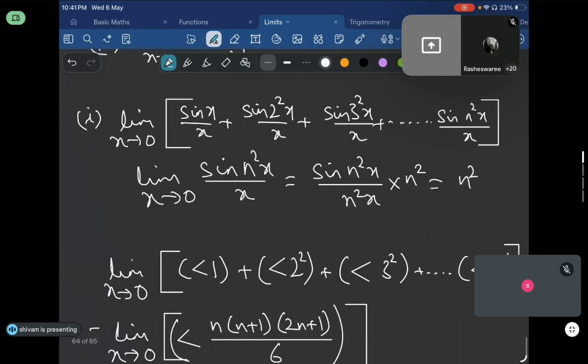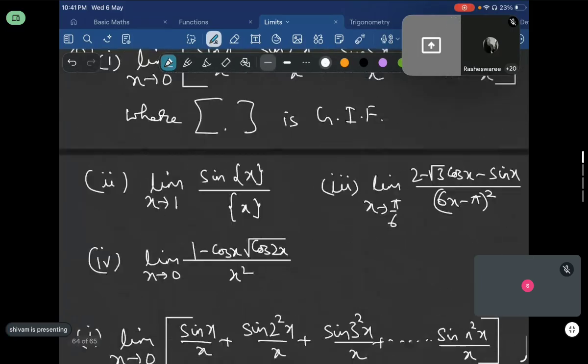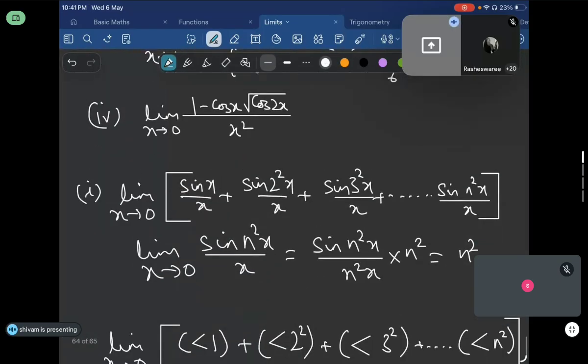Next. Everyone solve the last one. 1 minus cos x into cos root over cos 2x. Yes. Soham, your answer is correct. Adrija, check part 4. Rishabh, part 3 is correct. Anvesha, check part 4. Okay, everyone, I'm solving part 4. Okay, Shamli, part 4 is correct. We have got 1 minus cos x into cos root 2 into root over cos 2x divided by x square.